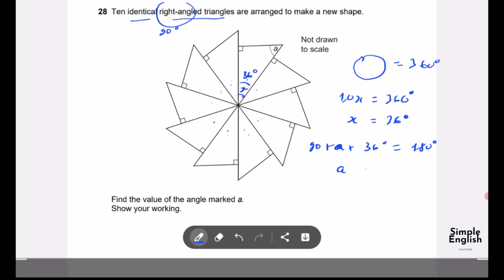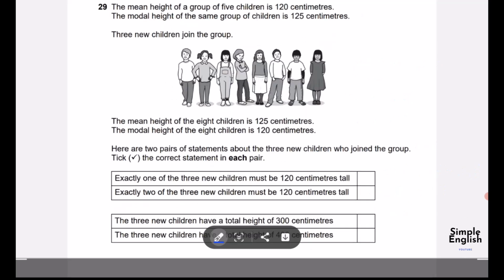So that's why A is equal to 180 minus (90 plus 36), which is 180 degrees minus 126 degrees. So that's why we have 54 degrees.